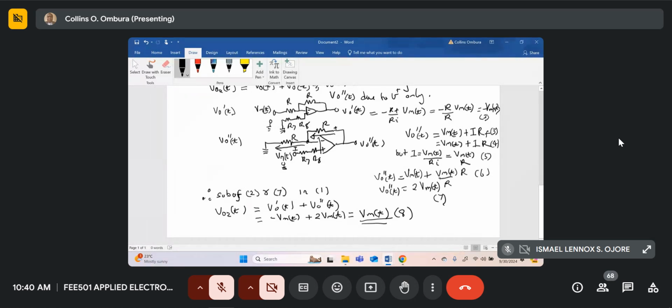So we can say, thus, when switch S is open, the output is Vm of t, or you can say it is equal to input times positive 1.